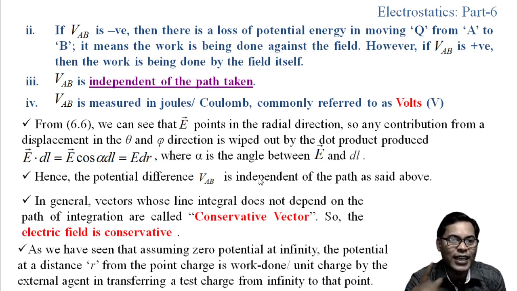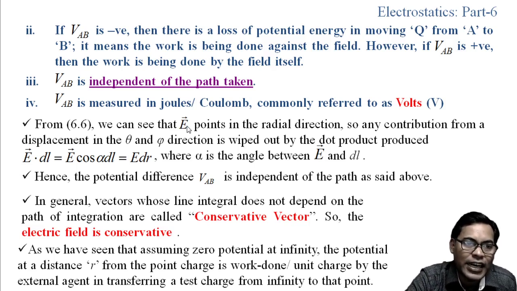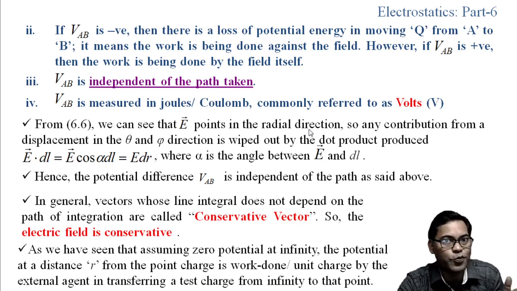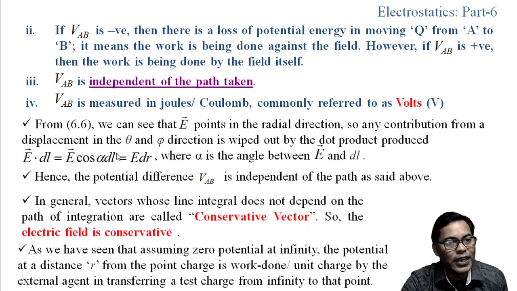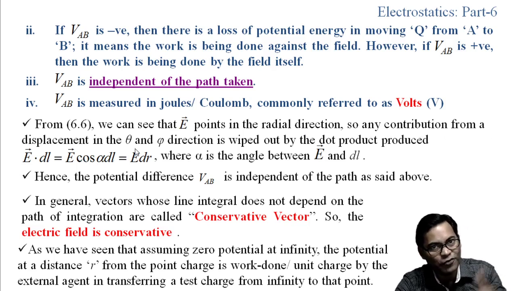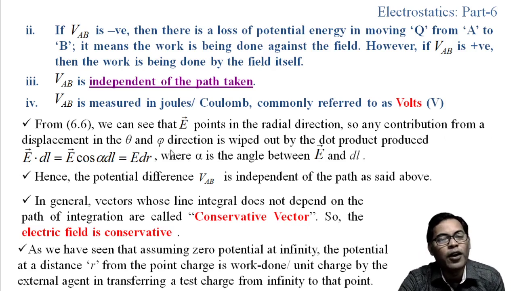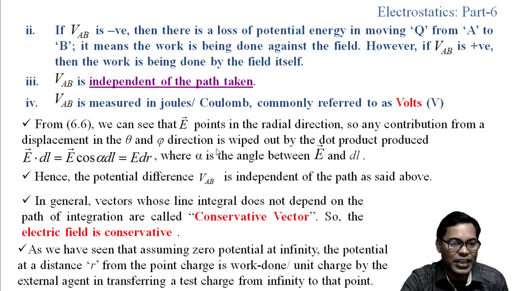We can see that the electric field intensity points in the radial direction, so any contribution from a displacement in the direction of theta or phi will be 0.